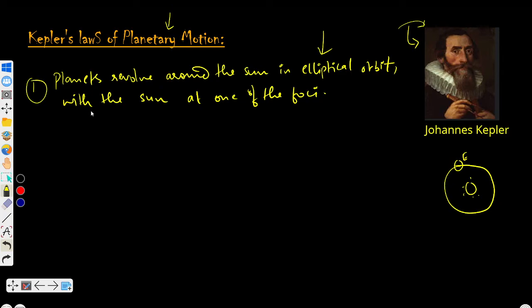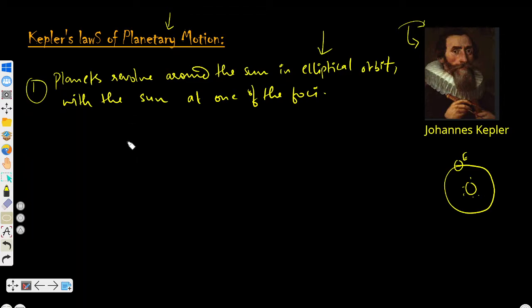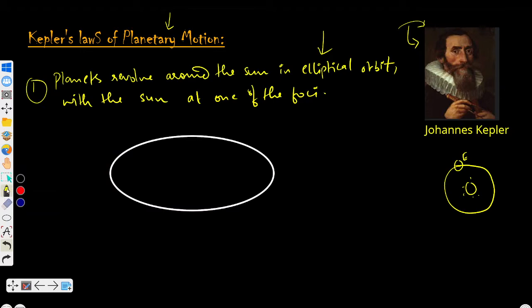And the second part of this law tells you the position of the sun. It says that the sun is always at any one of the foci. Look at this. I have drawn an ellipse for you.